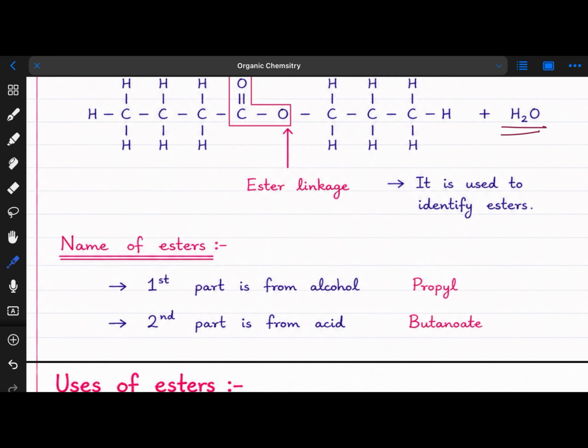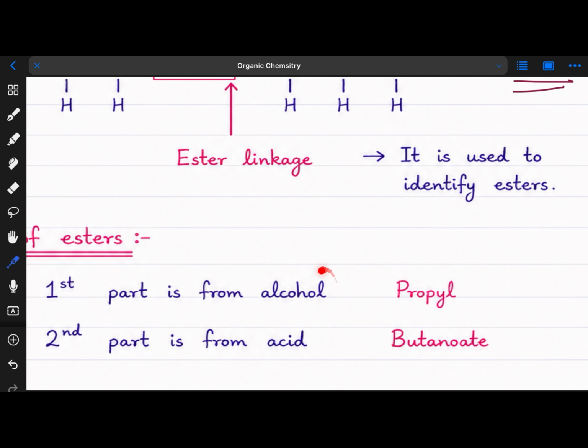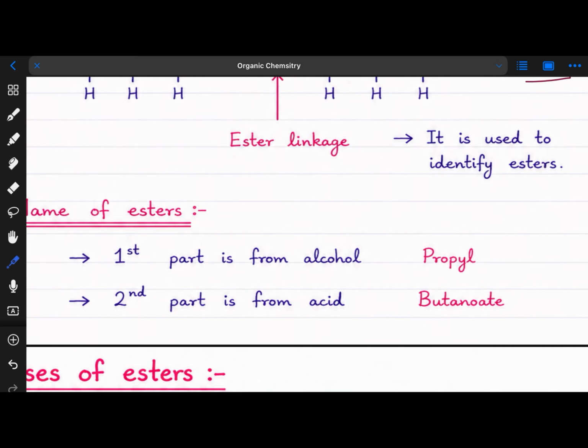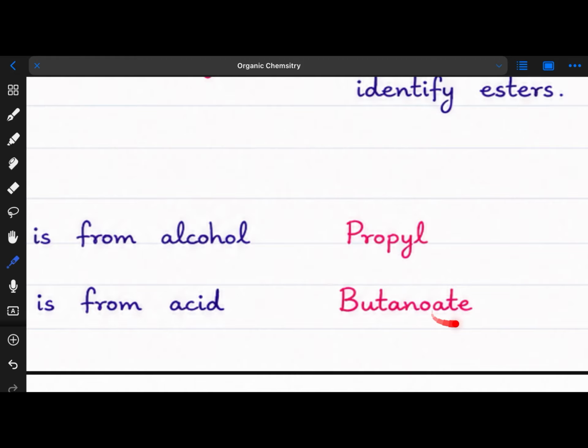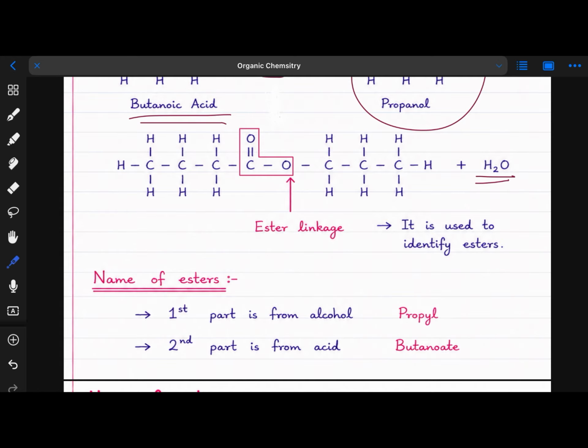So whenever you're taking the first part from the alcohol, you remove the ol and replace it with yl. So it's propyl, not propanol. And with the acid, the same thing happens. So we remove the oic and replace it with ate. So it's not butanoic, it is butanoate. So the name of the ester is propyl butanoate.